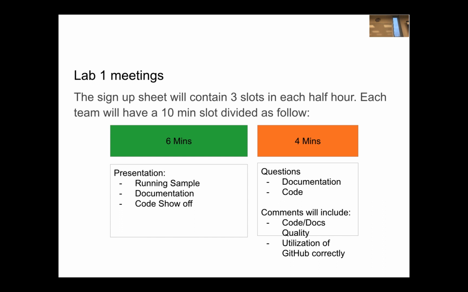So it's like a tiny demo that you are going to give showing the code works, and then spend a few minutes talking about your design of the code. So talk a little bit about what you did, how it works, and maybe you can show us your code on GitHub and things of that. Okay? And then we leave 4 minutes for Q&A, where we will ask you questions about your project and what issues you might have faced, or ask you to explain some aspect of your code and things of that.